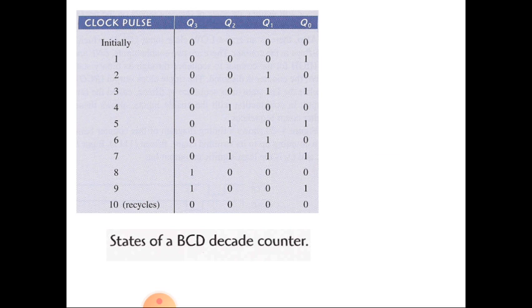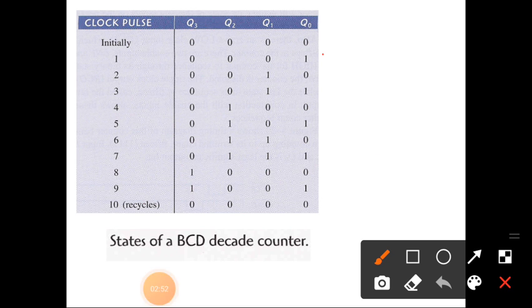Q1 change? Here Q1 changes when Q0 is 1. On the next clock pulse Q1 changes from 0 to 1. Again when Q0 is equal to 1, on the next clock pulse it changes from 1 to 0.